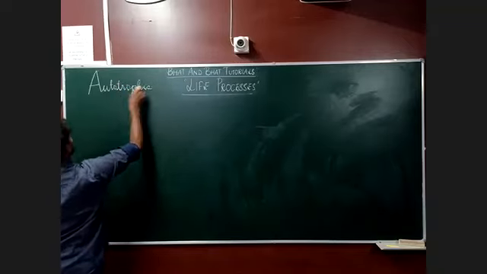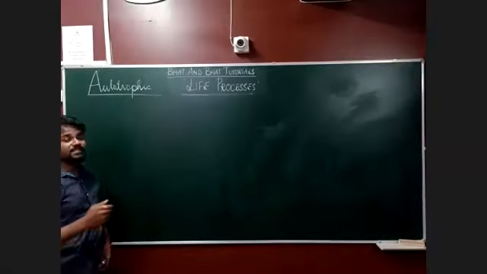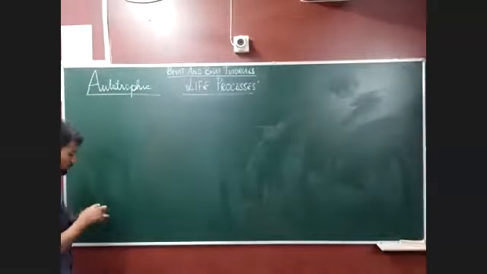Now, if I'm starting with autotrophic organisms, earlier I have already told that autotrophic organisms are the ones which prepare their own food. Now, which kind of organisms will prepare their own food? Yeah, the best example we can take is plants.